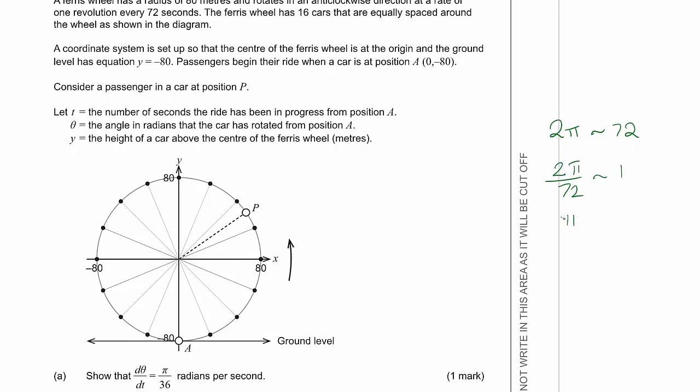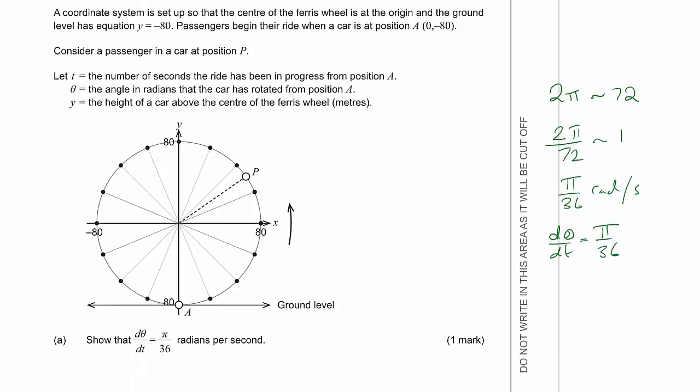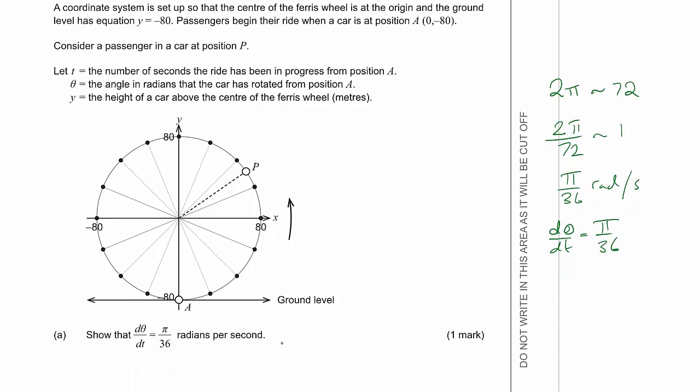So we're going to get pi by 36 radians per second as the rate of change of angle. And so that is d theta dt is equal to pi over 36. And you'll notice that that is part 1 of the question.